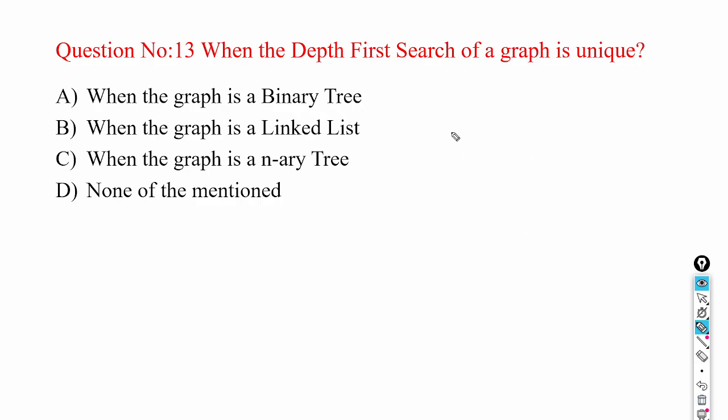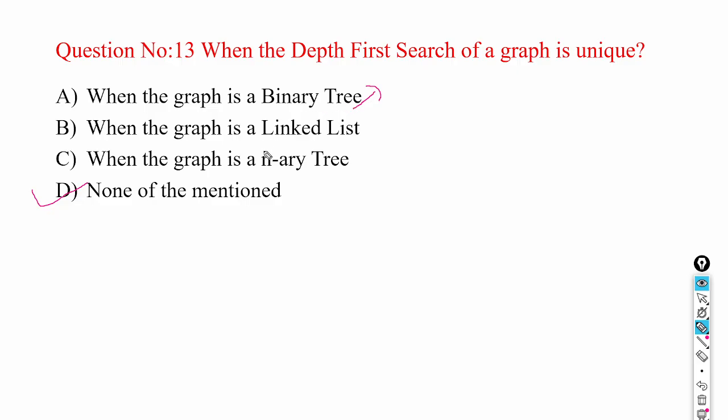For example, there is A and D, so there are two vertices. Who is the neighbor of A? C is the neighbor of A: A to C and C to B. So if you change the neighbor order, the DFS will change. So DFS is generally not unique. Therefore, whether the graph is a binary tree, a linked list, or an n-ary tree, none of them guarantees it. DFS is not a unique traversal, since multiple traversals are possible.